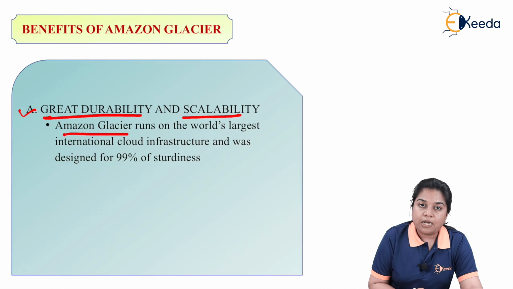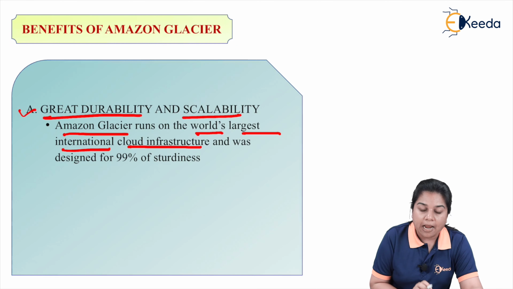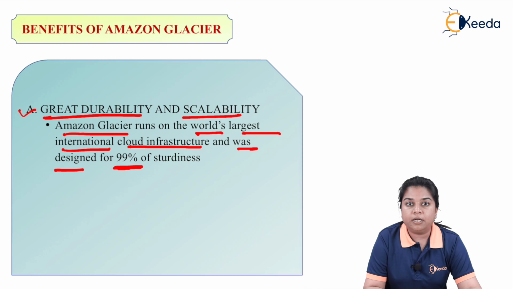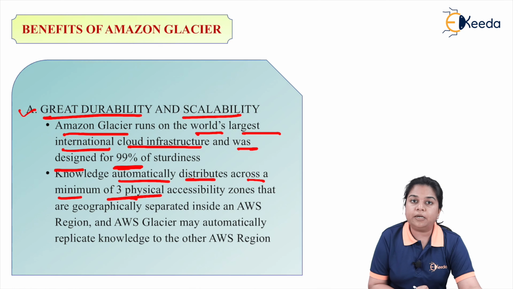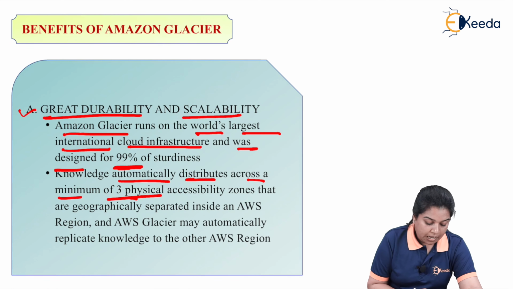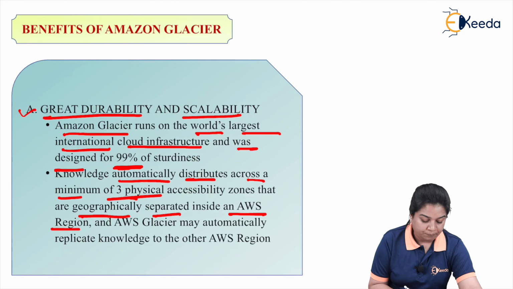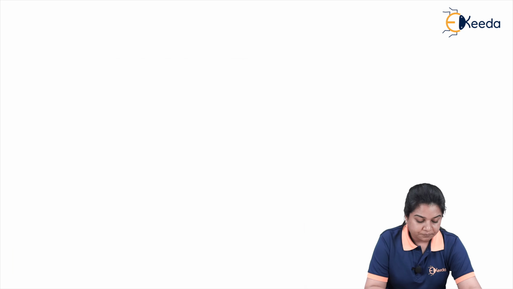Amazon Glacier runs on the world's largest global cloud infrastructure and was designed for 99.999999999% durability. Data is automatically distributed across a minimum of 3 physical availability zones that are geographically separated within an AWS region, and AWS Glacier can also automatically replicate data to any other AWS region.